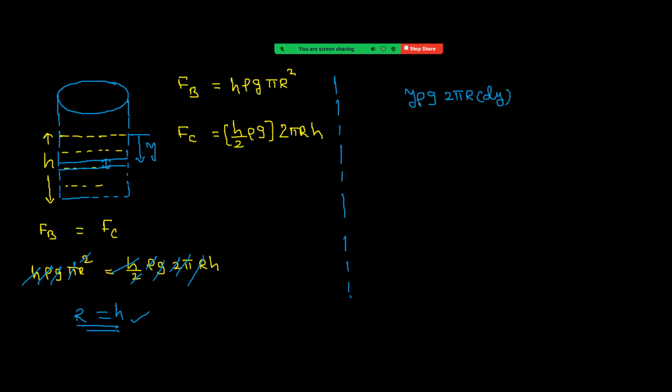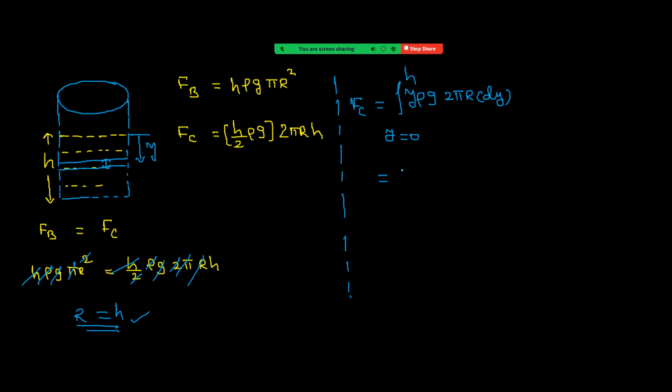This gives the force acting on that strip. Like this, we take all strips from y equal to 0 up to h, so integrate from y equal to 0 to h. That gives us the force on the curved part.